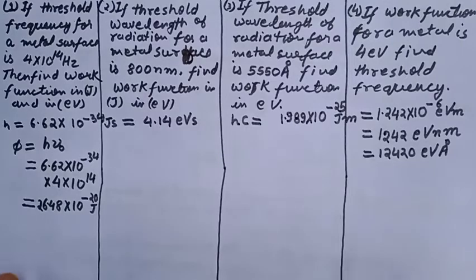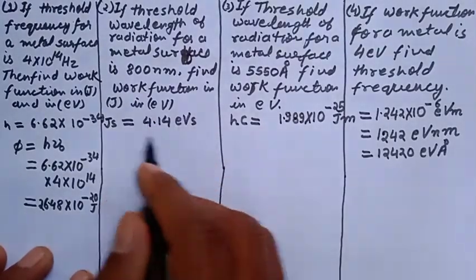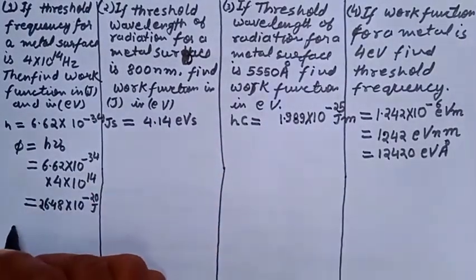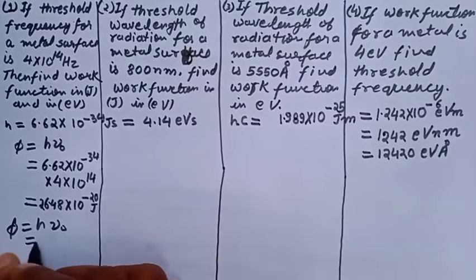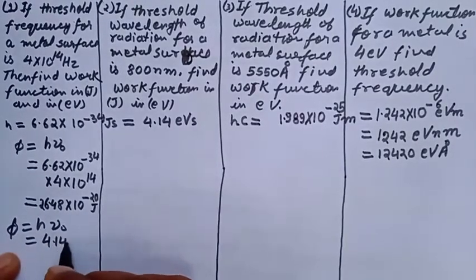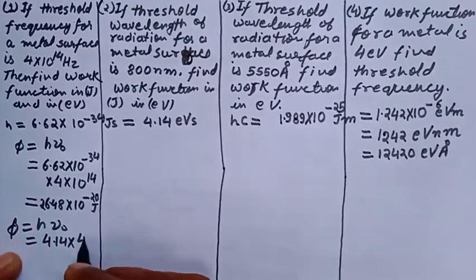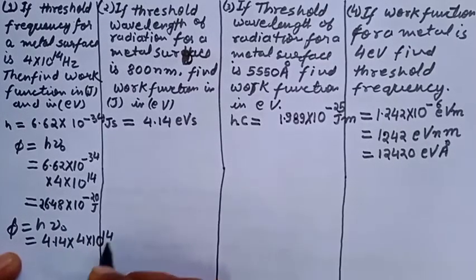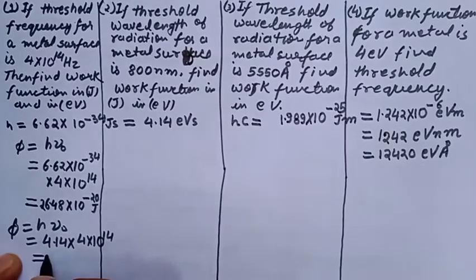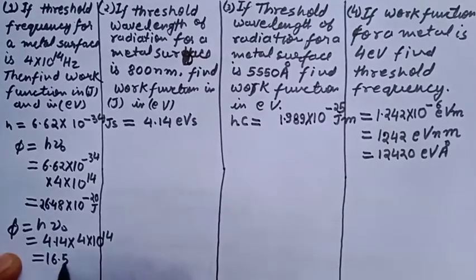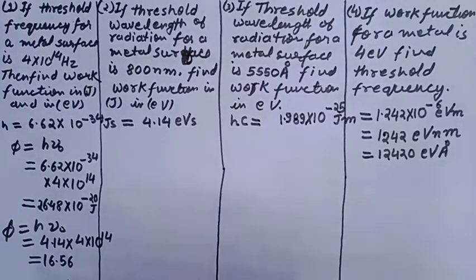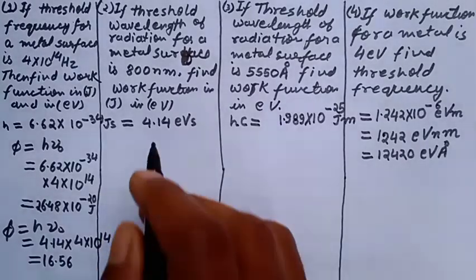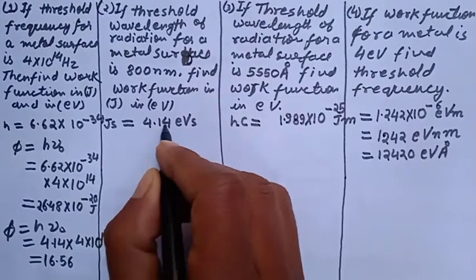We can do that. But if we directly use this value, then phi equal to h nu naught, and h is 4.14 into nu naught, 4 into 10 to the power 14. Oops, there is a slight error. This is not the complete value.